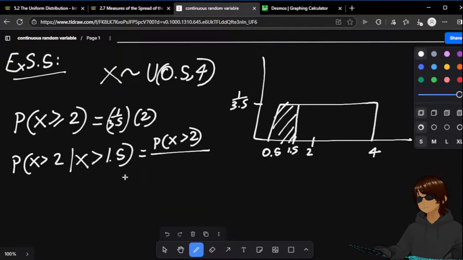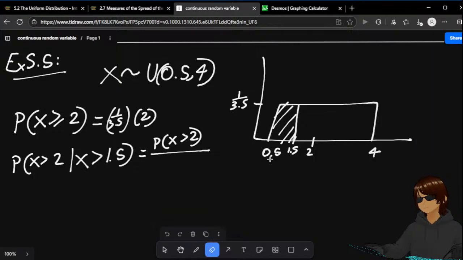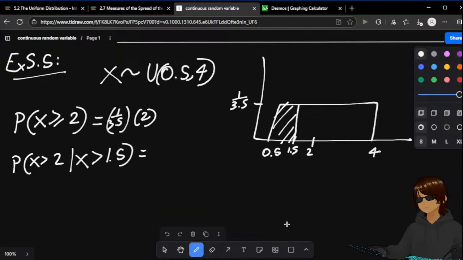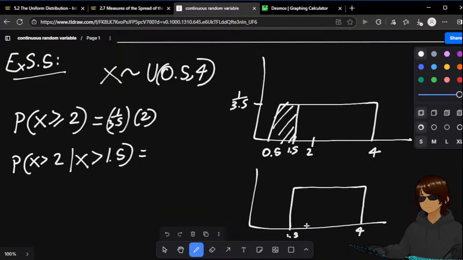Okay, wait. If it's uniformly distributed, this area, wouldn't that mean that the new probability is now like this? 4 minus 1.5 is 2.5.